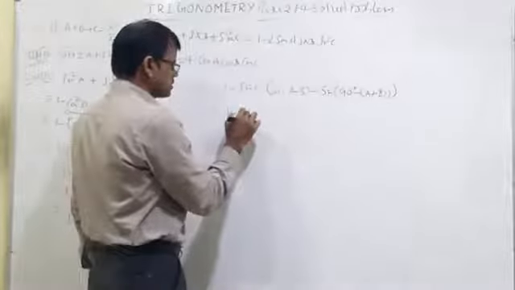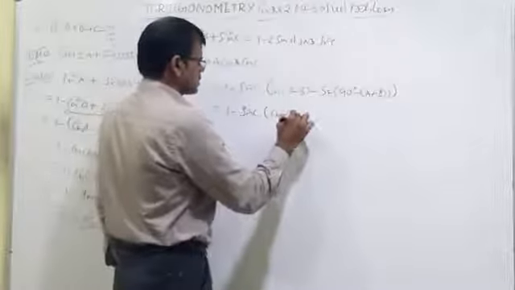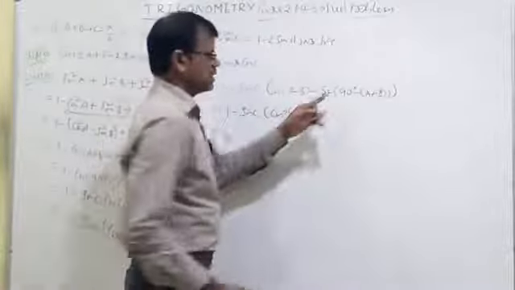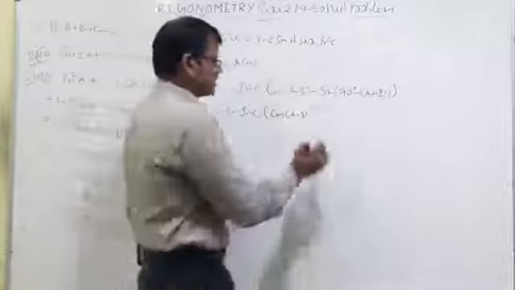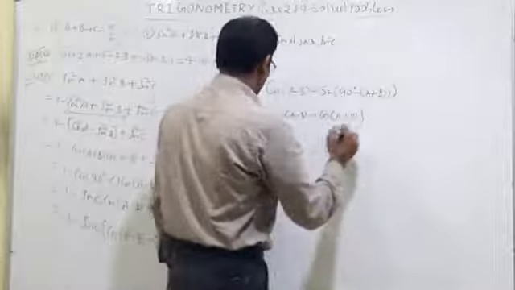So 1 minus sin C into cos of A minus B minus sin 90 minus theta becomes cos theta, so it is cos of A plus B.